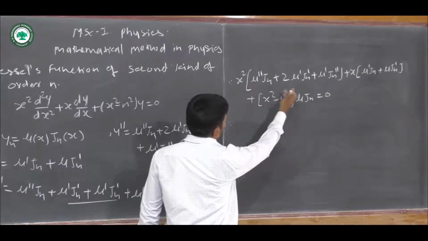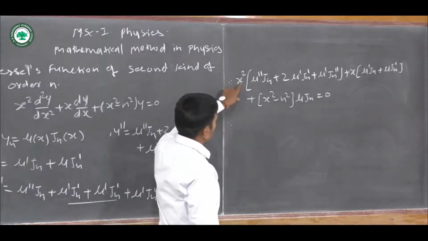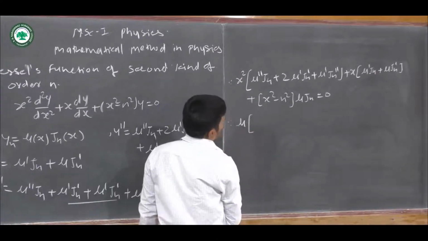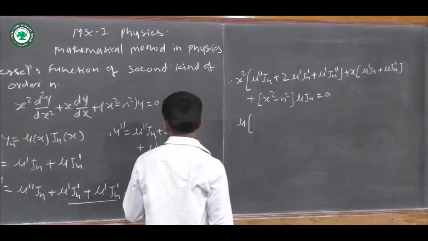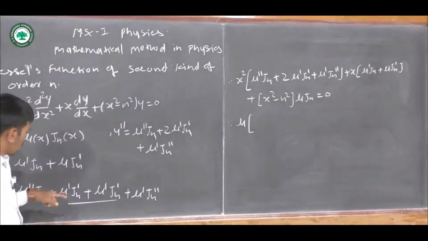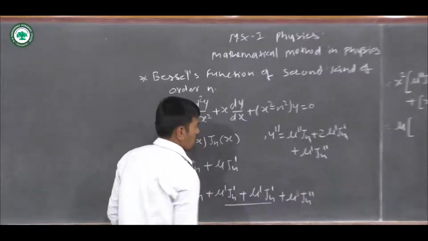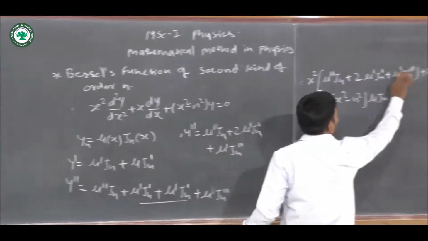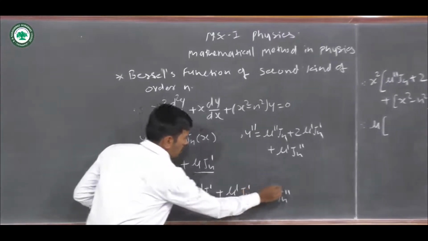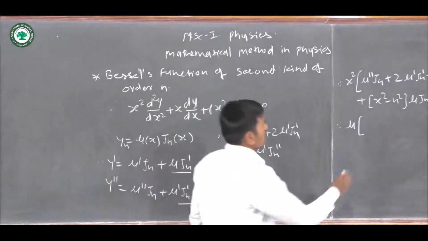So let us take out the common factor u from this differential equation. Here there is only u into Jn prime, and if we differentiate these terms we get u prime into Jn prime plus u into Jn double prime.